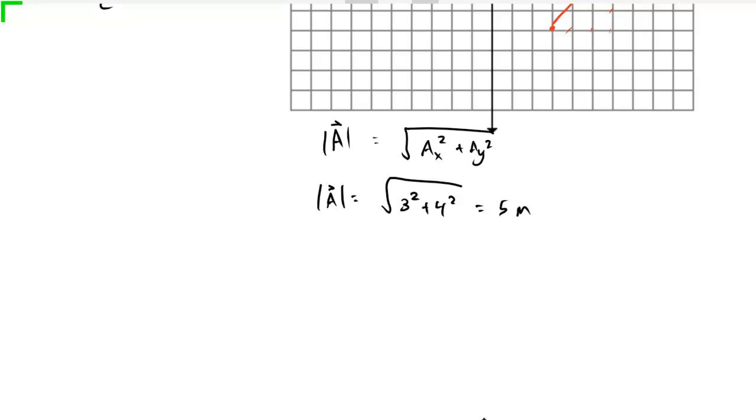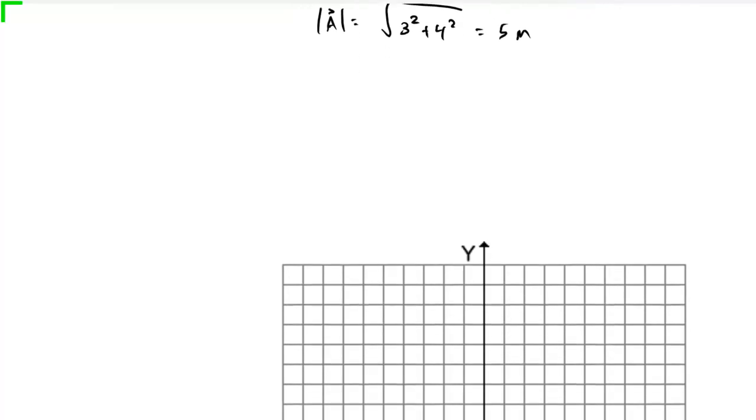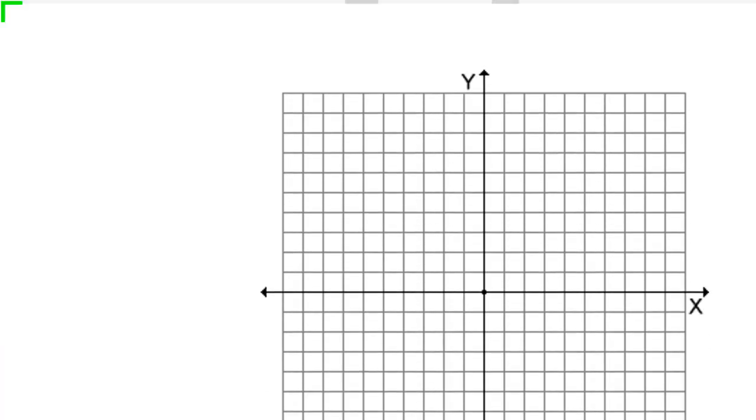We can also figure out the angle that it acts at, so we can describe it a little bit differently with the angle. So let me come back down here and redraw vector A. So vector A was moving over 3, up 4.